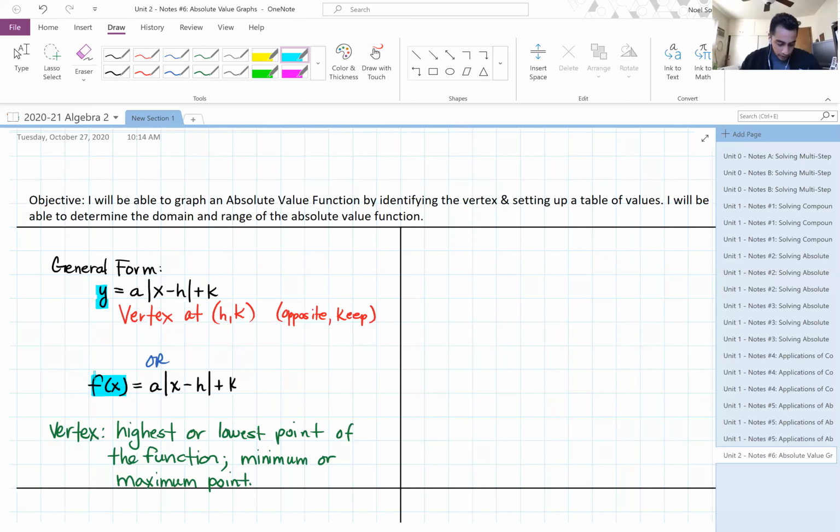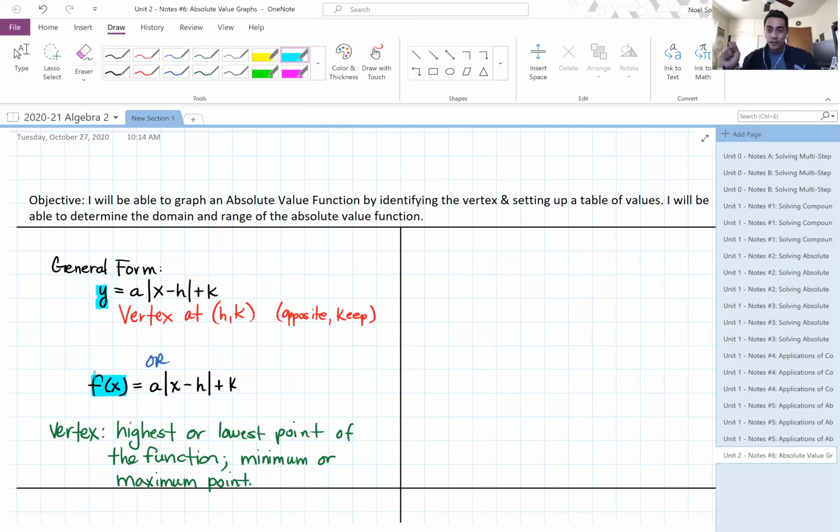And then the other thing is, how do you identify the vertex? Well, the vertex is found looking at h and k. H and k are the two values that we will use to find where the vertex is. And one of the ways that I like to remember it is opposite, keep. Because we know that H moves in the opposite direction.